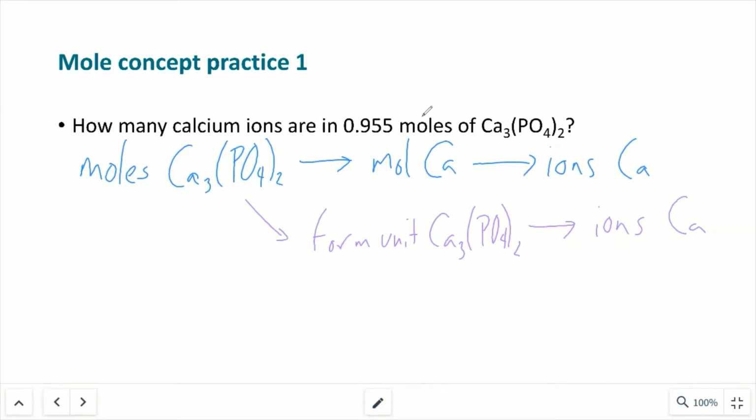So let's take the purple path here because I think that one's the most direct in terms of going from moles to particles to parts of particles. So if we start with our 0.955 moles of calcium phosphate, we want to go from moles to formula units.